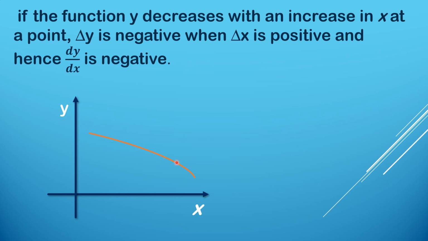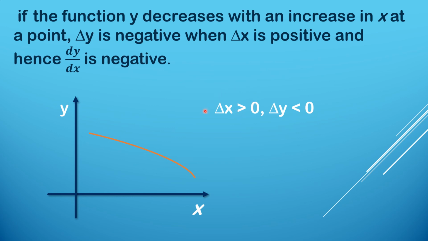Because y is decreasing, delta y is negative, and as usual delta x is positive, and because of this our derivative or rate of change is negative, because this graph goes downward. So the rate of change is decreasing because y decreases with respect to x, and then dy by dx is negative.